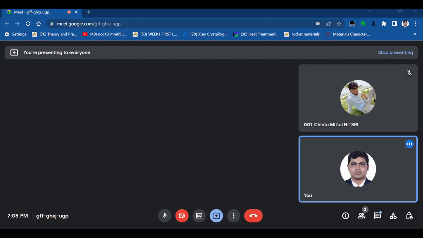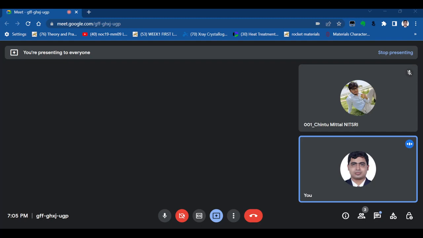So remember, if you have to calculate the fraction of liquid, this one is our liquidus line, right? So you have to take this BD, this whole length, fraction of liquid for 47 weight percent nickel.